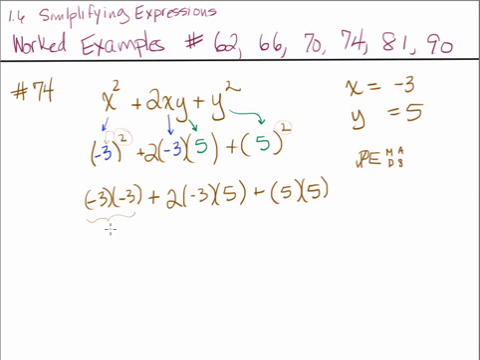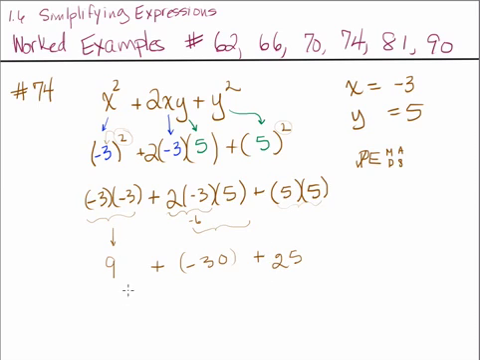-3 times -3 is positive 9, because a negative times a negative is a positive. Plus 2 times -3 is -6, and -6 times 5 is -30. Plus 5 times 5 is 25.